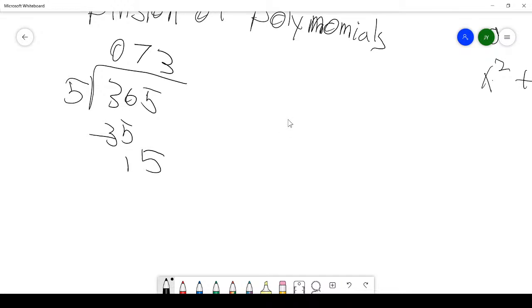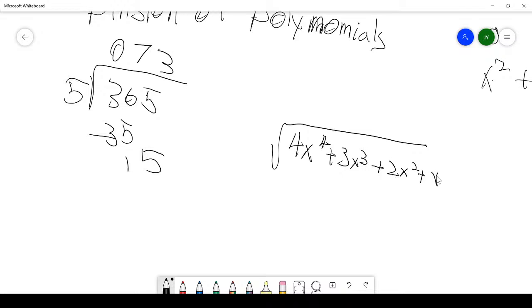So we usually start with something moderately big: 4x to the fourth plus 3x cubed plus 2x squared plus x plus 1. Say it's this, and we can simply start with an x here.